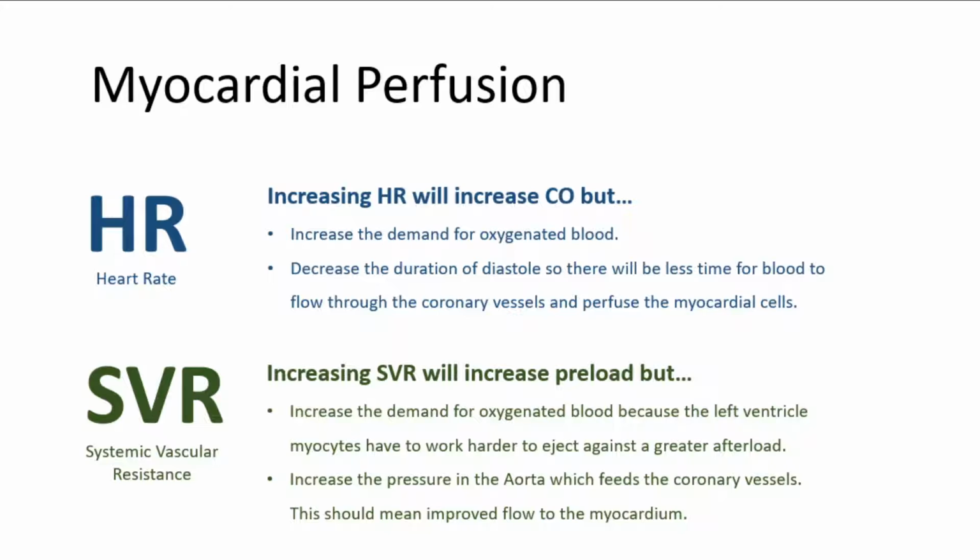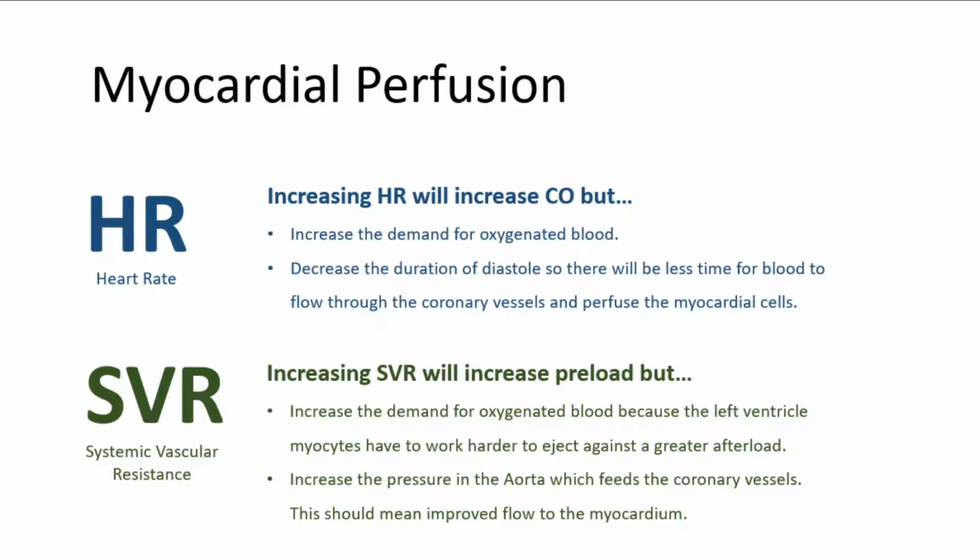In terms of systemic vascular resistance, if that is increased, then yes, there will be an increase in venous return to the heart, which is good because of improved preload. But it will also mean that there will be a greater pressure against which the left ventricle has to contract to open the aortic valve and to eject the blood into the systemic circulation.